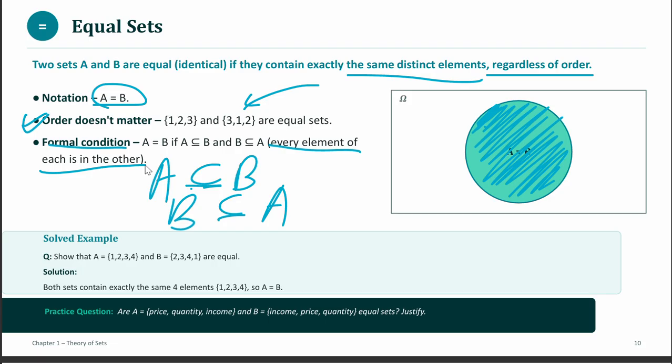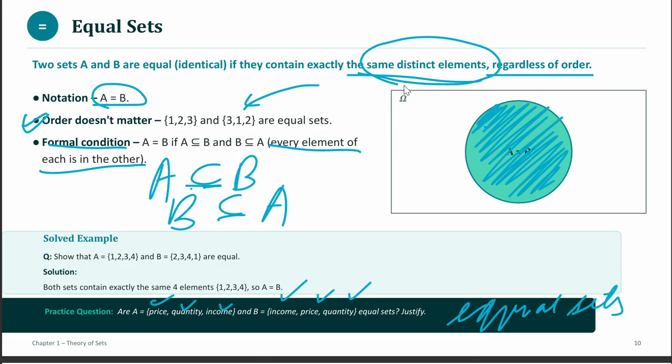Again, we have the same distinct elements 1, 2, 3 and 4. That is why both of these sets A and B are equal. If you see this practice question, A is equal to {price, quantity, income} and B is equal to {income, price, quantity}. Again, we have the same distinct elements, right? Therefore, these are equal sets.